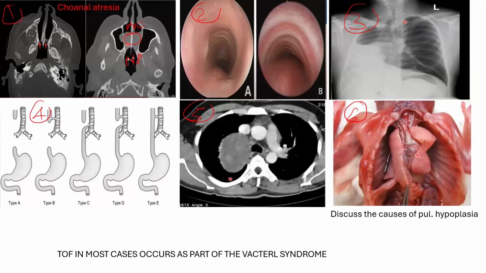Okay. 2 is tracheomalacia, as shown here. You can see that this is an endoscope of the trachea. So you can see the C-shaped tracheal rings. But what you notice is that this is during expiration, and this is during inspiration. During expiration, the trachea is collapsing.